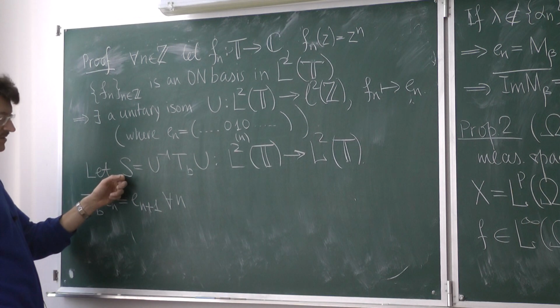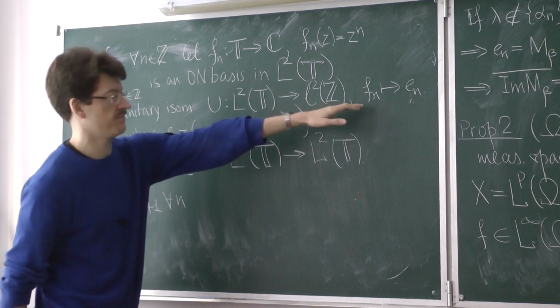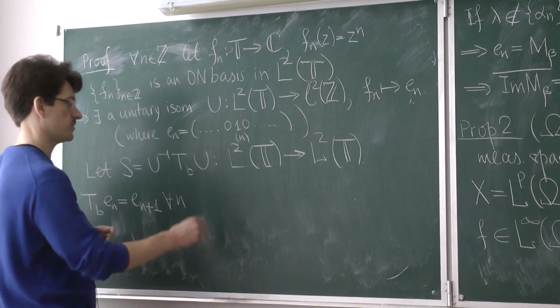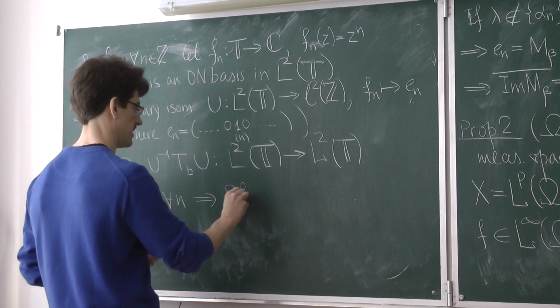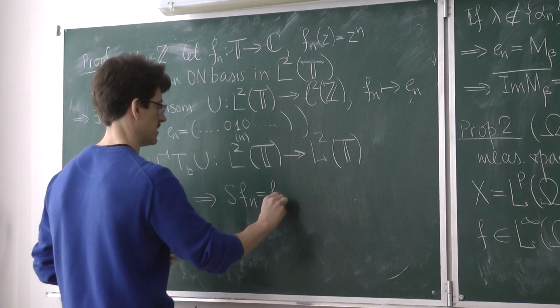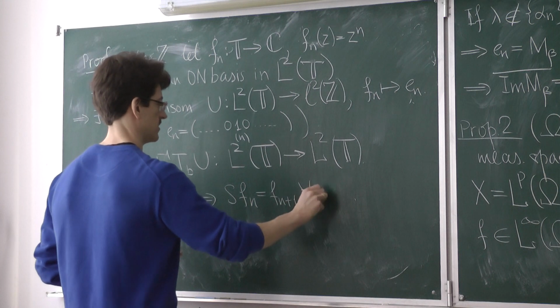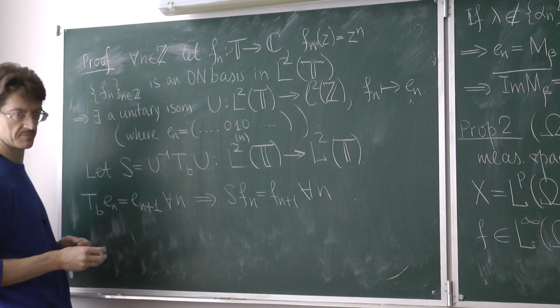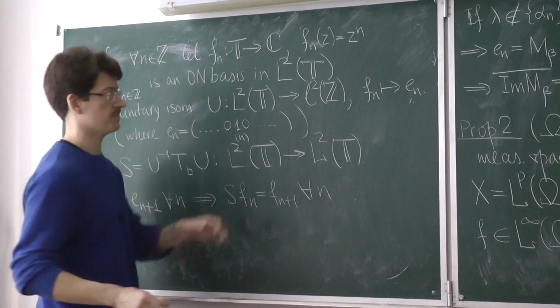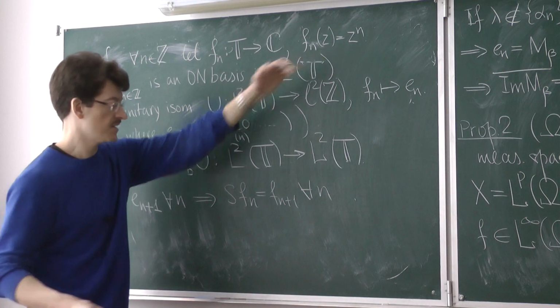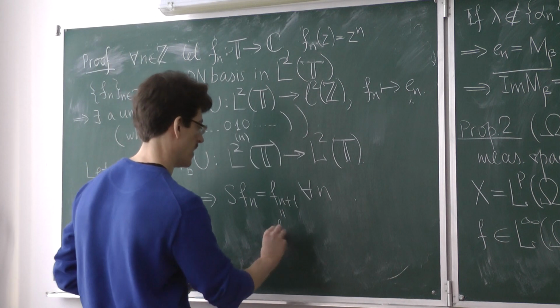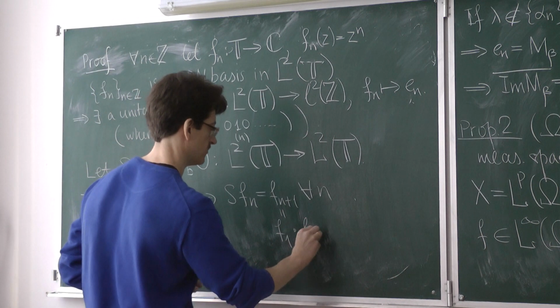And by the definition of S and by the definition of U, we conclude that S takes each Fn to Fn plus 1 for each n. But what is Fn plus 1? So this is the formula for Fn: Fn of z is z to the power n. So Fn plus 1 is F1 multiplied by Fn, the pointwise product.